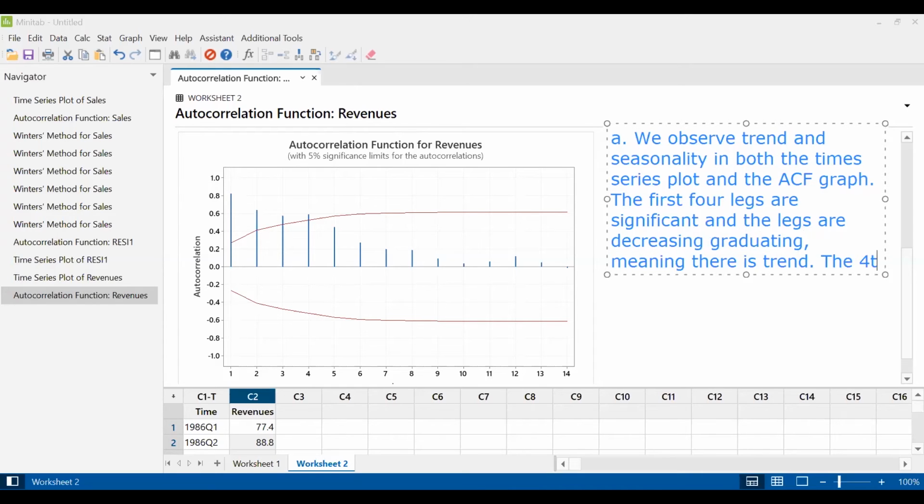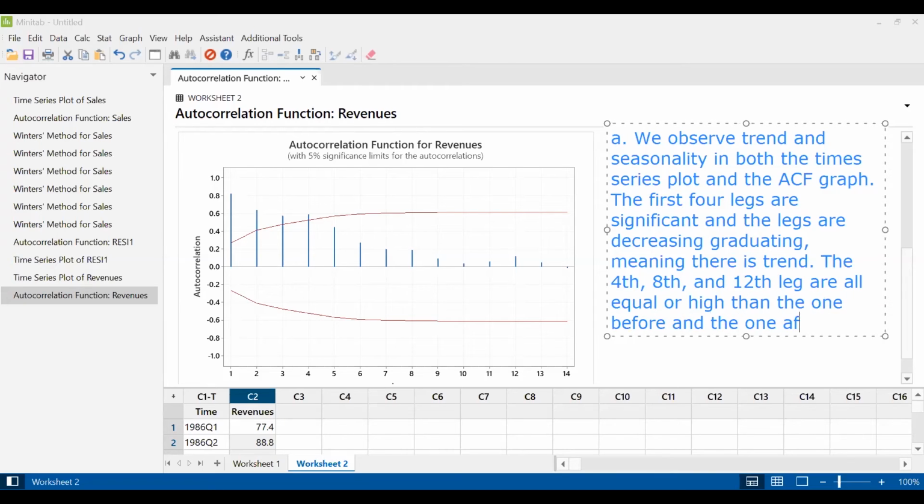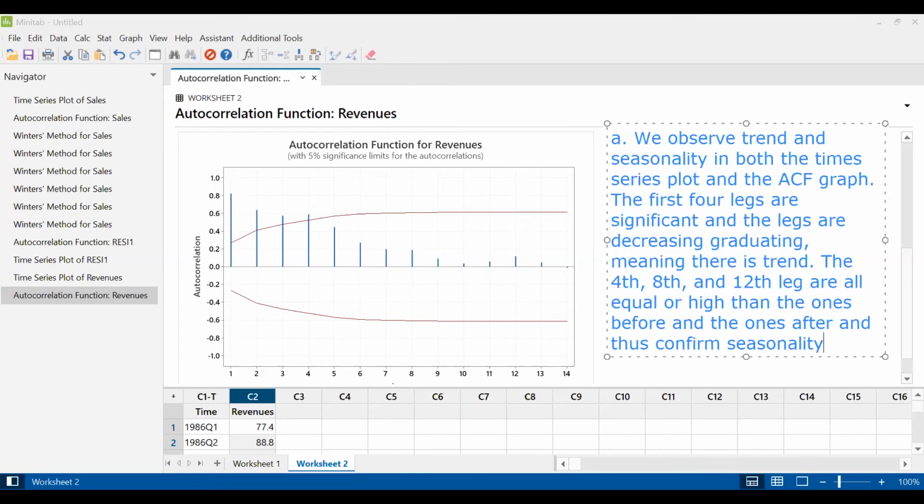The 4th, 8th, and 12th lags are all equal or higher than the ones before and after, and thus confirm seasonality.